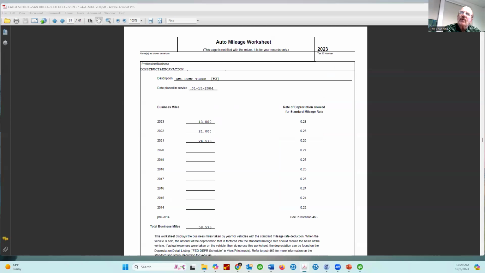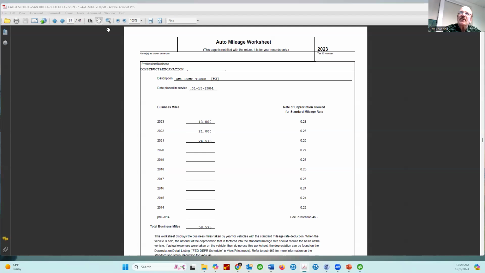When you write off a car for business and you're using the standard mileage method, you do not end up claiming depreciation. However, the standard mileage method has a factor of what the depreciation actually was.